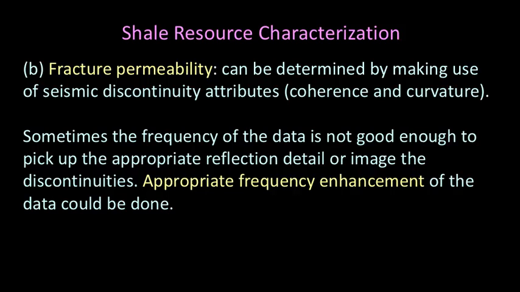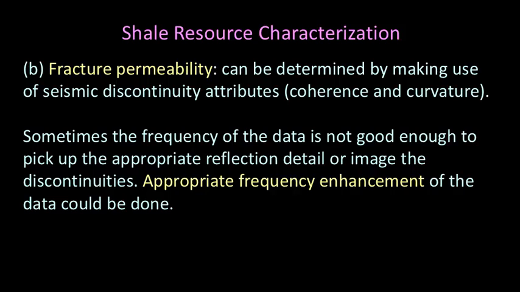But the problem that we normally face is that many times the frequency content of the seismic data is not good enough to give you that kind of discontinuity detail. If your bandwidth goes up to something like 60, 70, 80 hertz, and you want to determine large fractures, you're not going to be able to see anything.